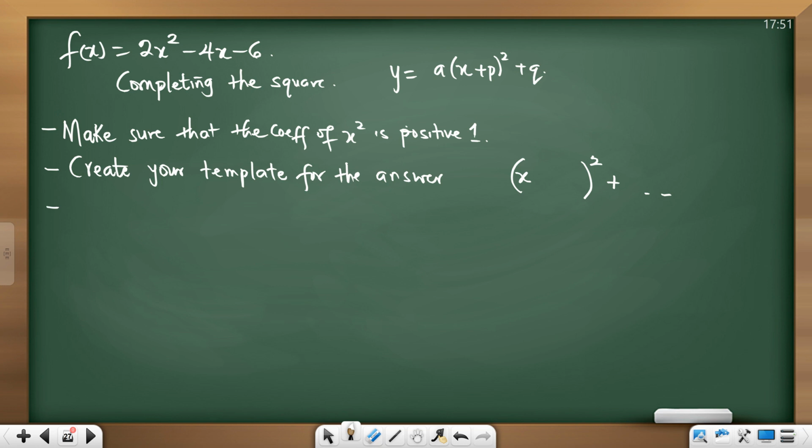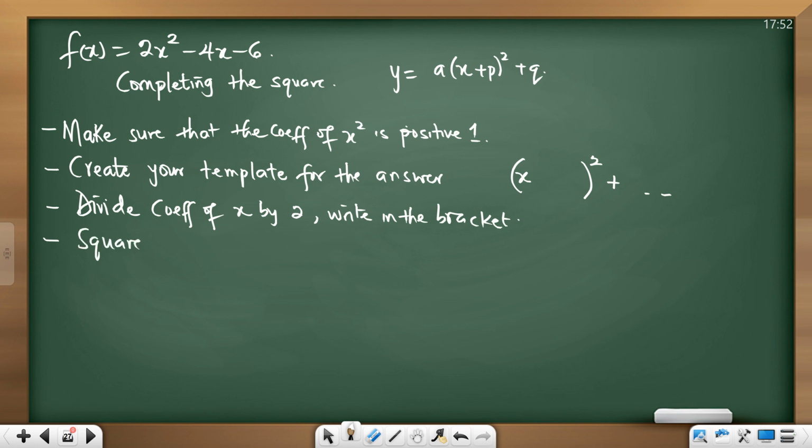Number 3, divide the coefficient of x by 2. Write it in the bracket. You would see this thing is about three lines if you know your story.